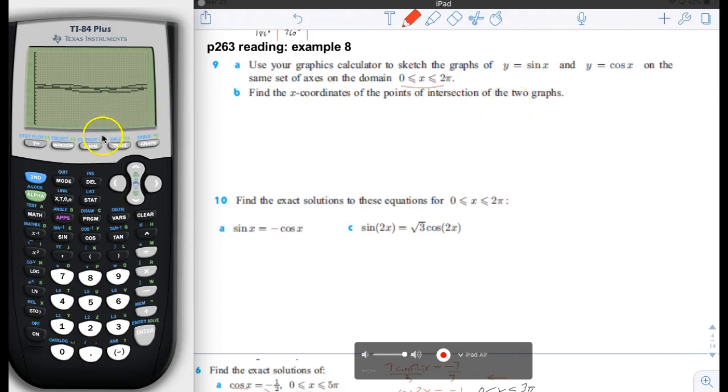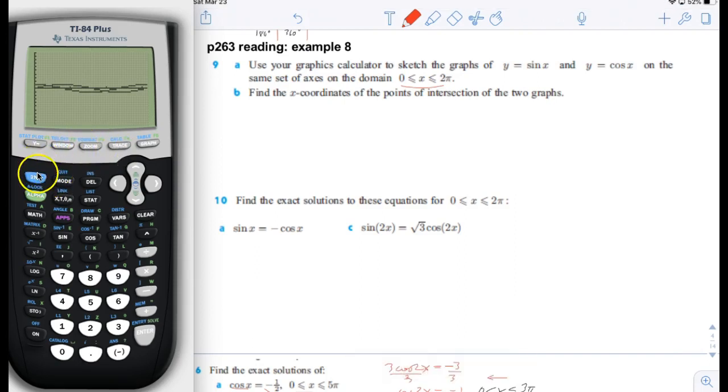Ooh, I think we could see that better if we would change the window. For y min, we'll put -2, and for y max, we'll put 2.